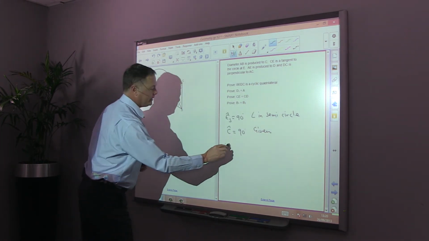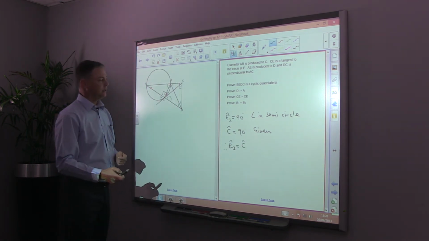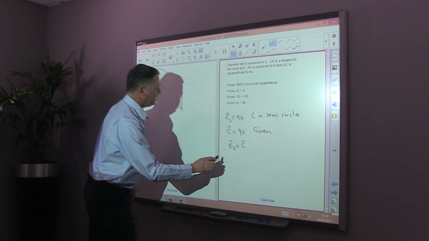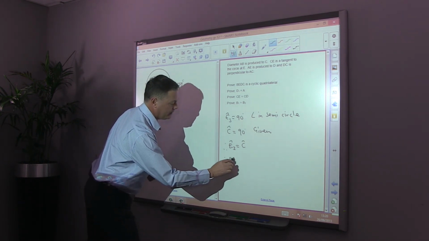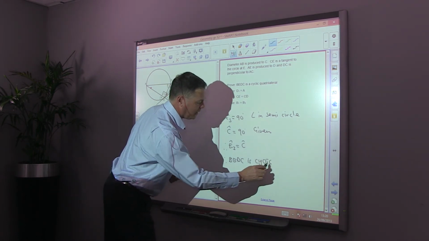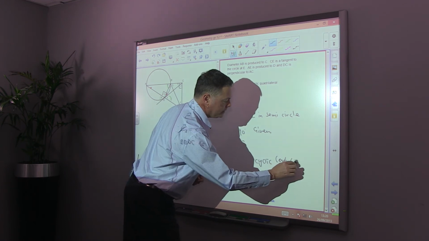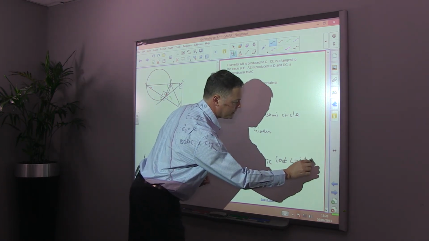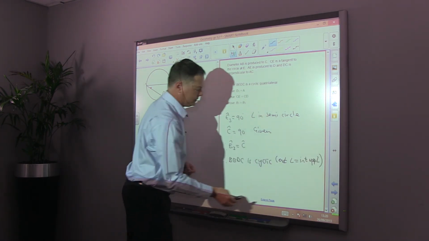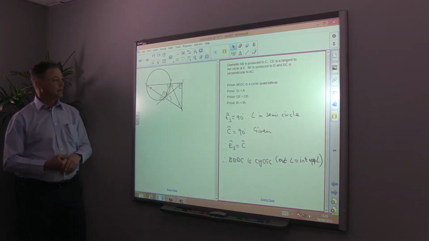Therefore, angle E3 must equal angle C, which is obvious. Okay. Therefore, BEDC is cyclic. Why? Because the exterior angle is equal to the interior opposite angle. Okay, proved. That was the first one done.